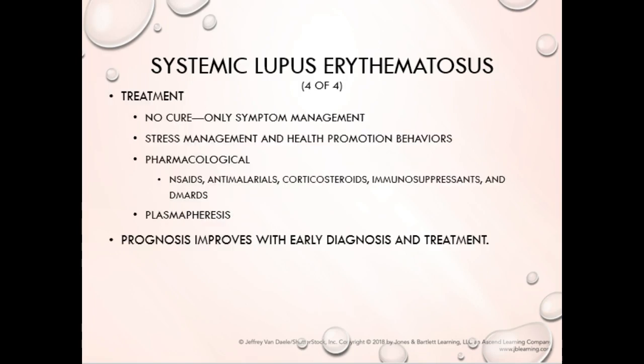So no cure, but stress management and health promotion is good for everyone, right? But really good for people with SLE. Anti-inflammatories and anti-malarials help some of their symptomatology. Corticosteroids help everything. You know, if we don't know what to do, we give steroids.